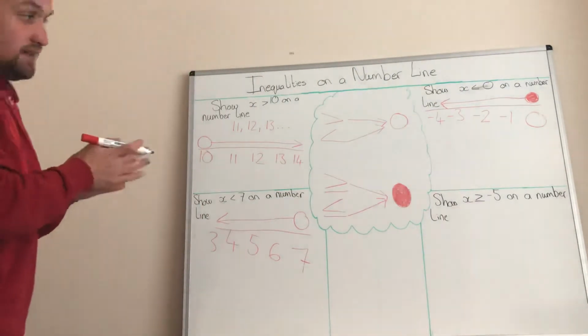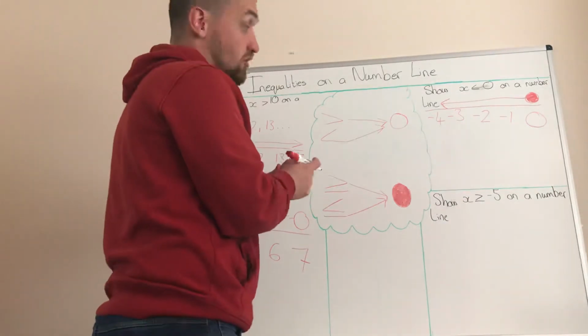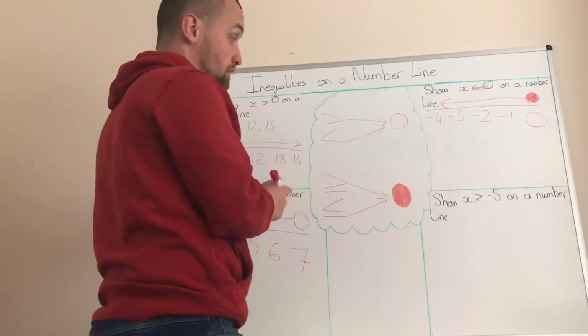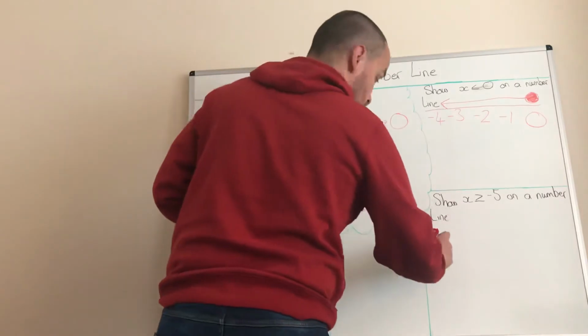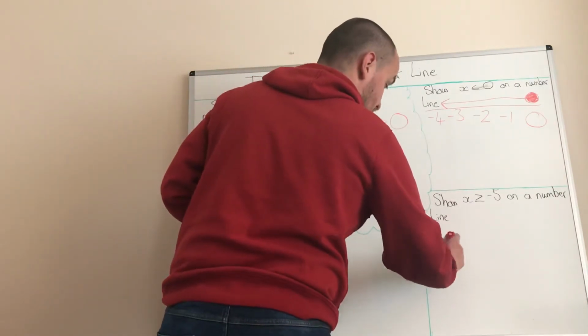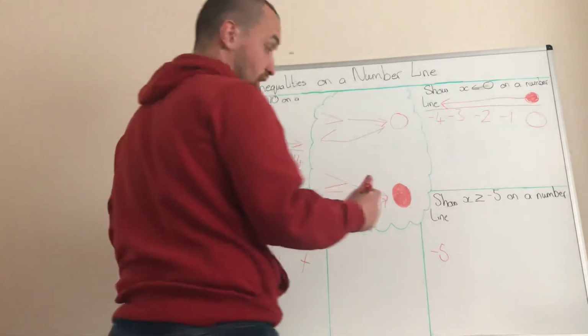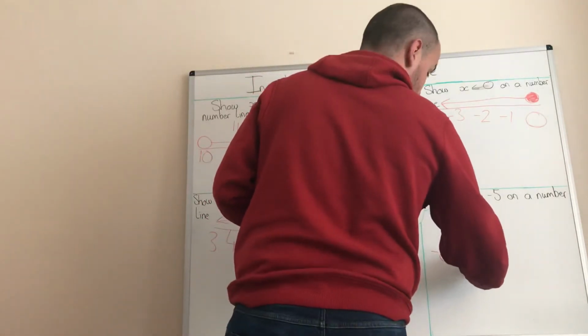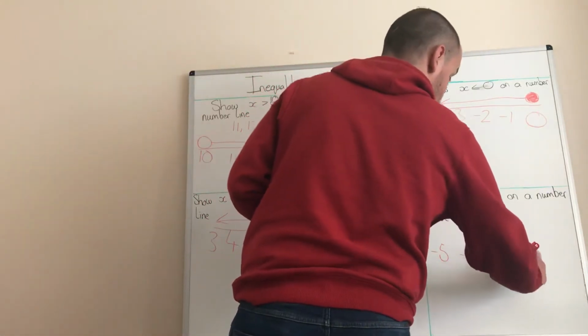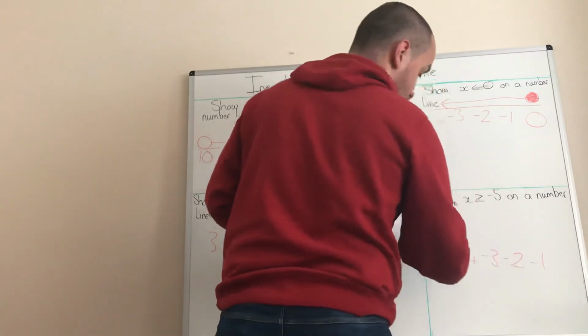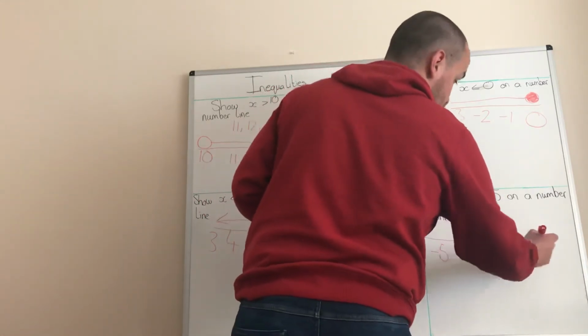The final example then, so x is greater than or equal to minus 5. So I'm going to put minus 5. Now if it's greater than minus 5, it could be minus 4, minus 3, minus 2, minus 1, and so on and so forth. There's my number line though.